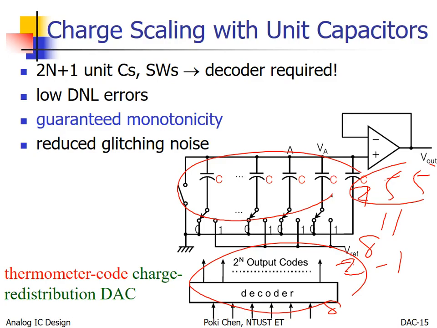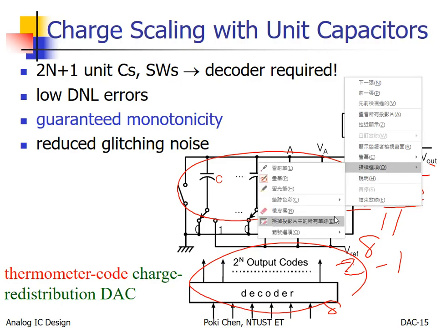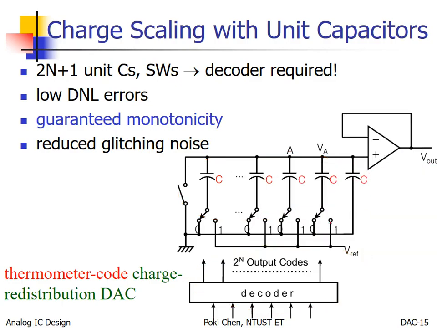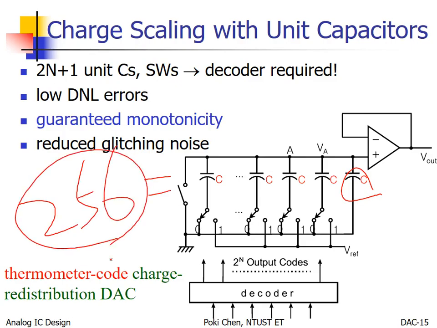But don't be silly. Even though I have only 255 control bits, pay attention to this. You still have one dummy capacitor. So the total number is still 256. One is not switchable.